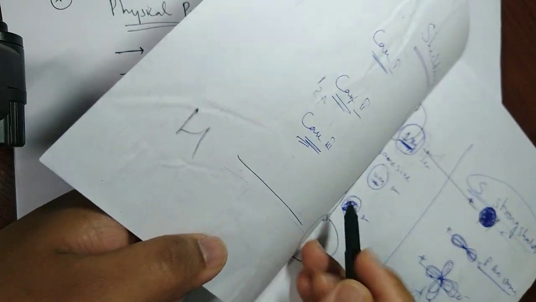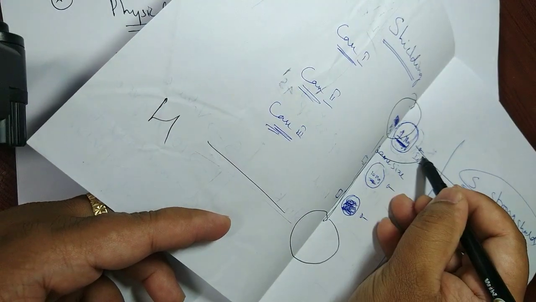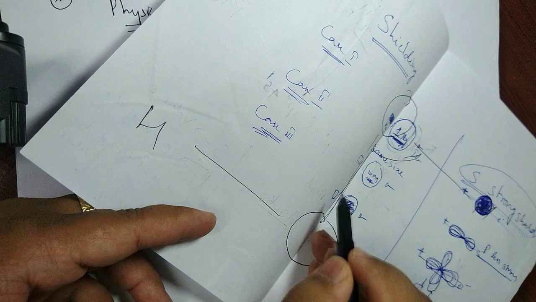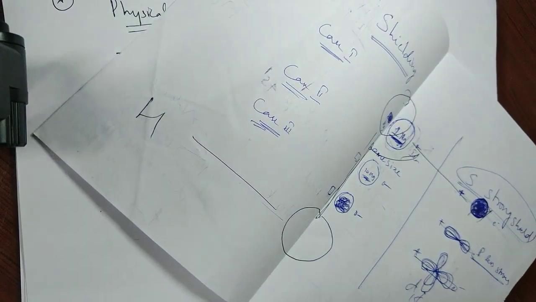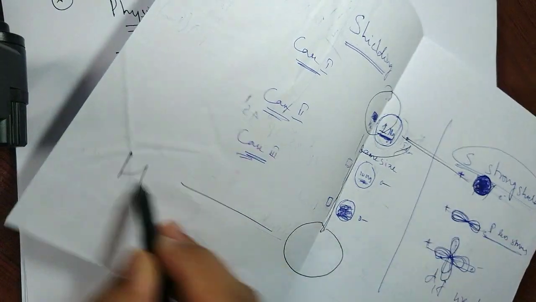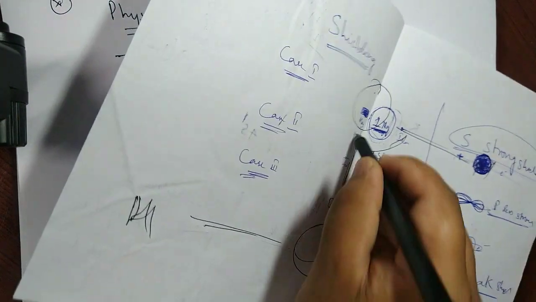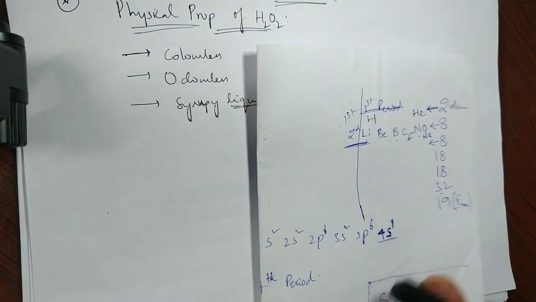And for different states, in the solid state we have different bond angles, and in the gaseous state we have different bond angles. So the bottom line is this: H2O2 exists as an open book like structure.